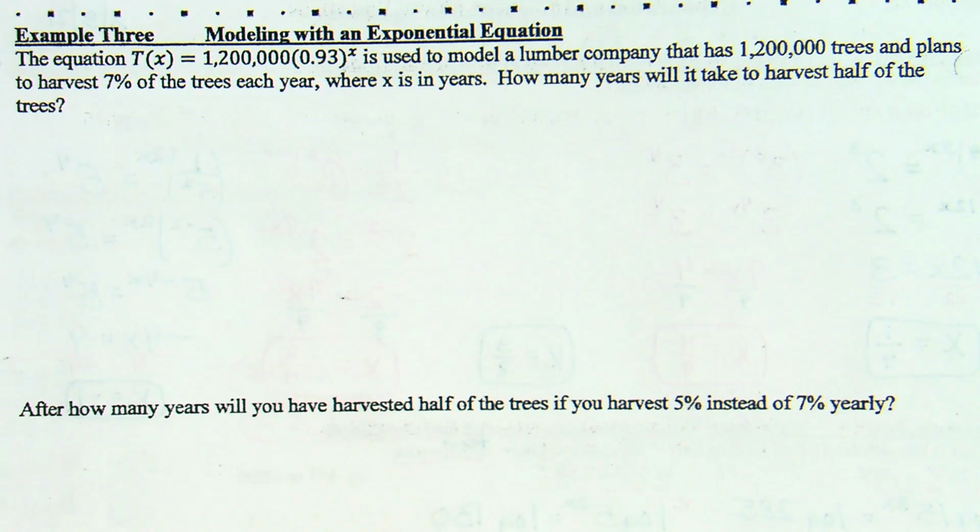The equation T of x equals 1,200,000 times 0.93 to the power of x is used to model a lumber company that has 1,200,000 trees and plans to harvest 7% of the trees each year, where x is in years. How many years will it take to harvest half of the trees? Now, as always, what's good news here? They gave us an equation, right? So we know we're going to be using this equation here.